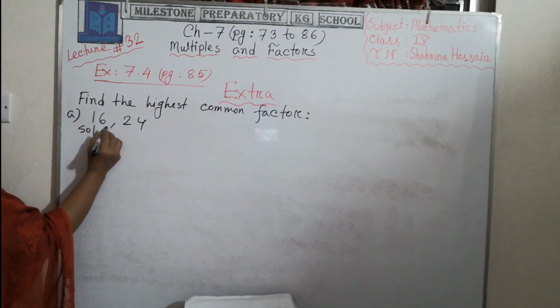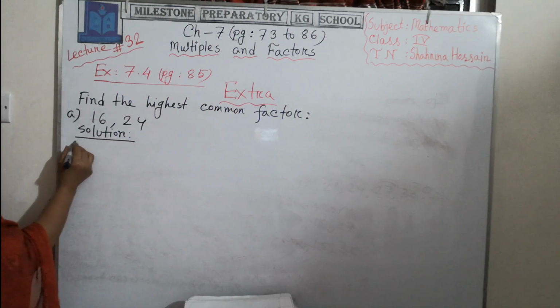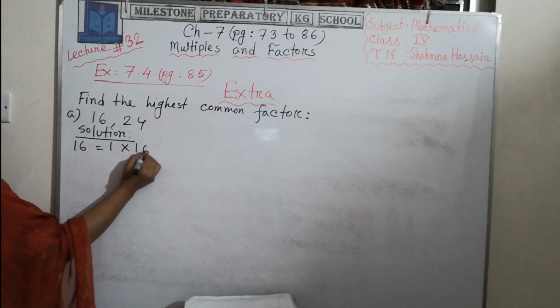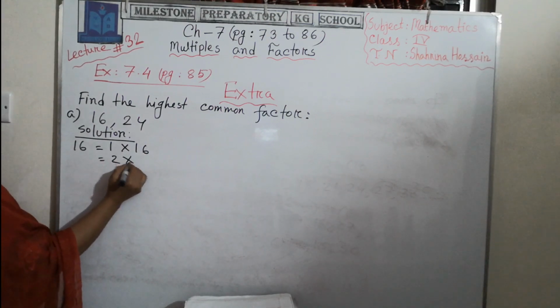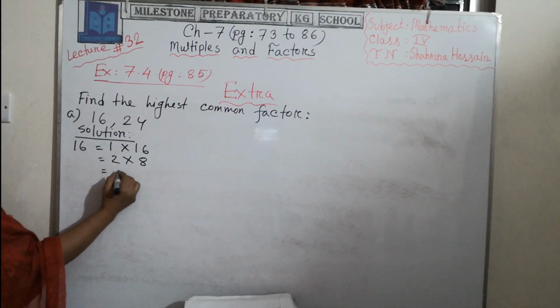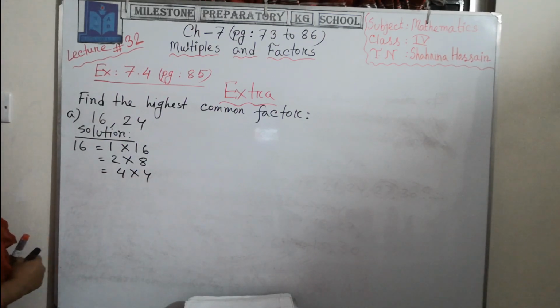Solution. 16 ones are 16, then 2 eights are 16, then 4 fours are 16. Is it possible for us to find more factors of 16?